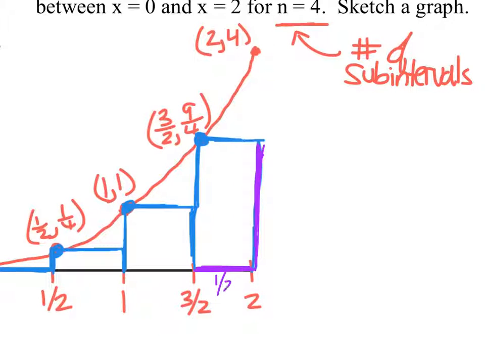The length of the base in each case is 1/2. The height is whatever the y value is for each of those important x values. So the y value is 9/4. If I want the area, I would multiply the two. So 9/4 times 1/2 would be 9/8.